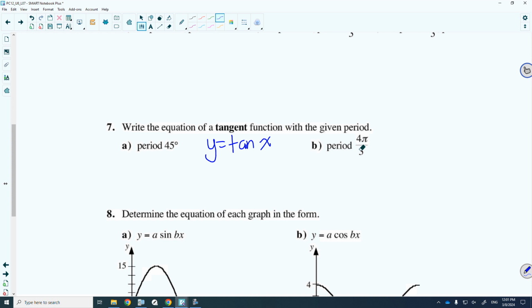Okay, so the period is pi, it's tan. So it's no longer 2 pi divided by b, it's pi divided by b. B is equal to pi over the period. Actually, for this one, it's not going to be pi because this one's in degrees. So I need to change this to 180 and this to 180.